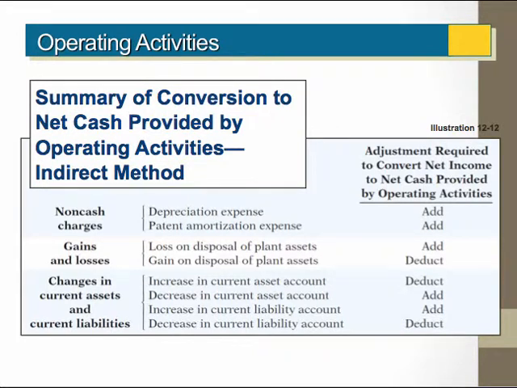Here's a chart to help you remember what we would do to adjust net income so that we can calculate the net cash provided by operating activities. You want to take a look at this chart and try to memorize whether you need to add or deduct to get the net cash.